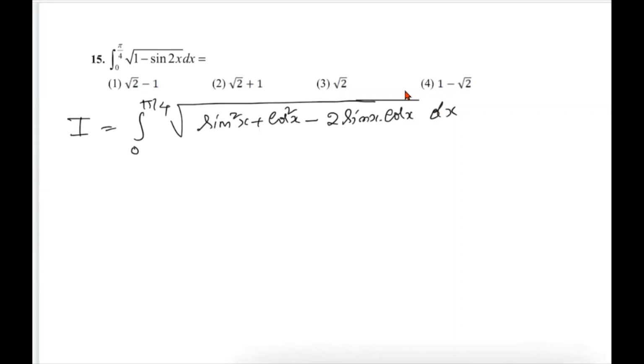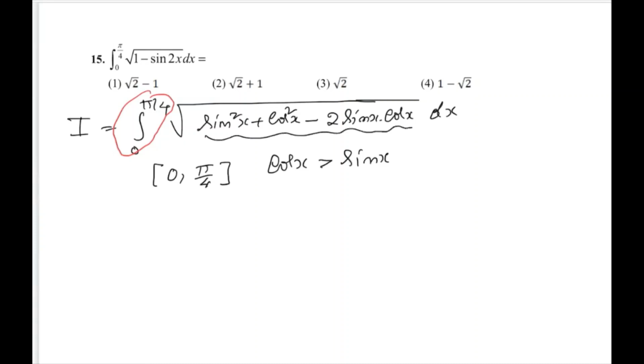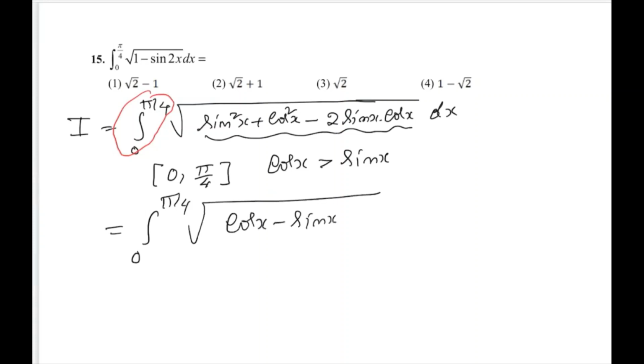But the given interval is from 0 to pi by 4. In the interval 0 to pi by 4, we know that cos x is greater than sin x. In order to have a positive square of a positive number, you can write this expression as the integral from 0 to pi by 4 of root of (cos x minus sin x), now it is positive, whole square dx.